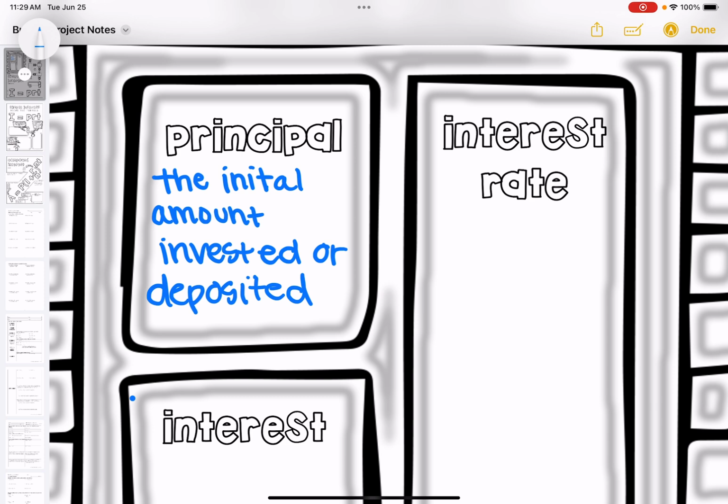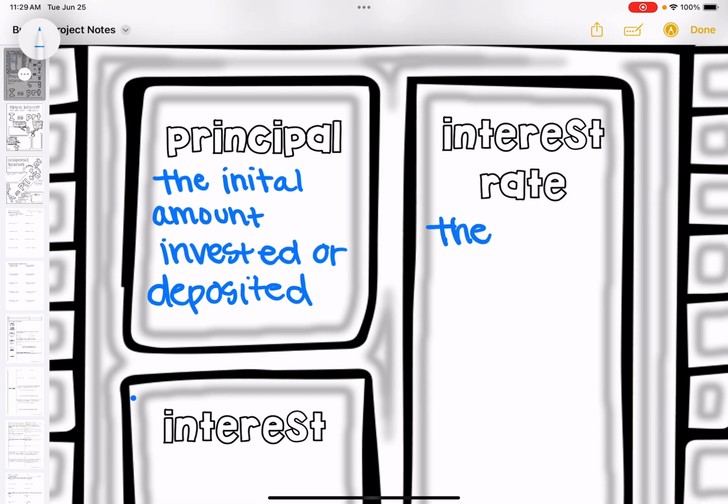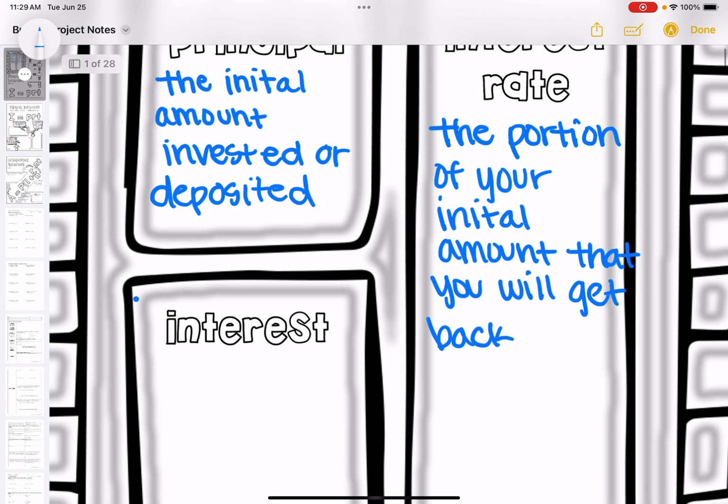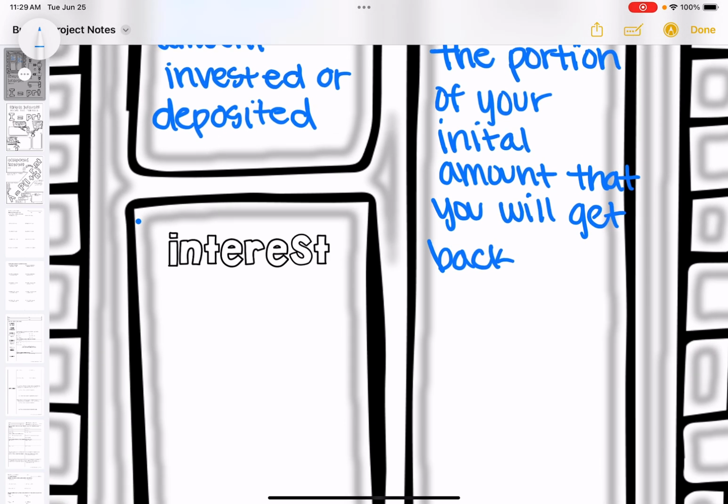This is the portion of your initial amount that you will get back. And then the last thing is interest, or you'll get back as interest.